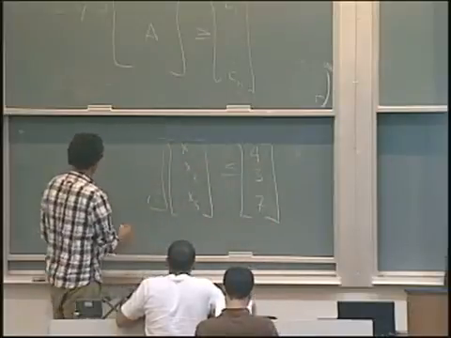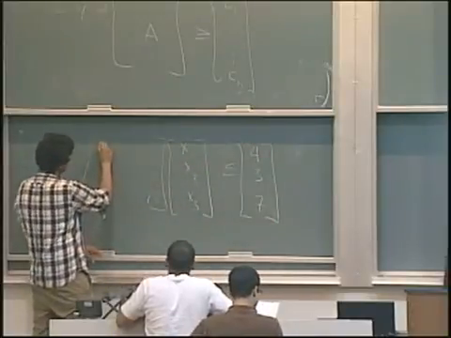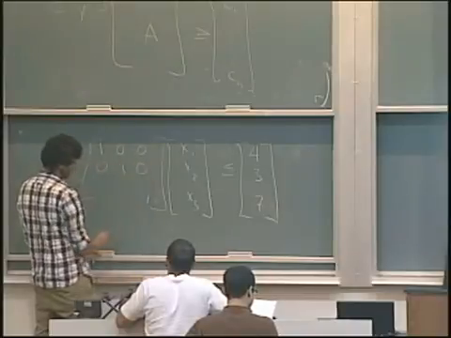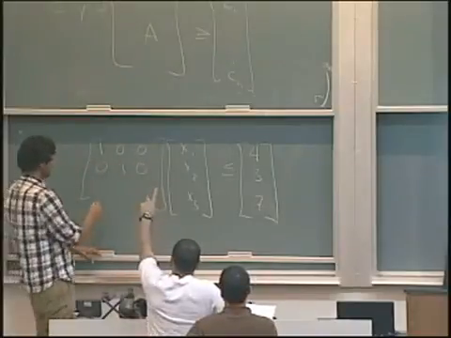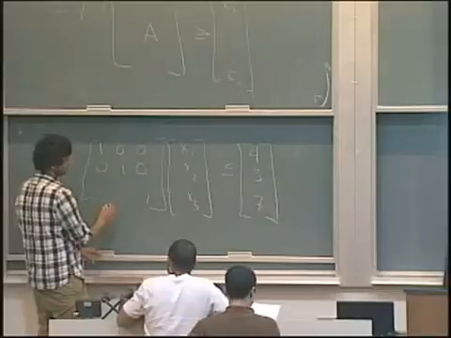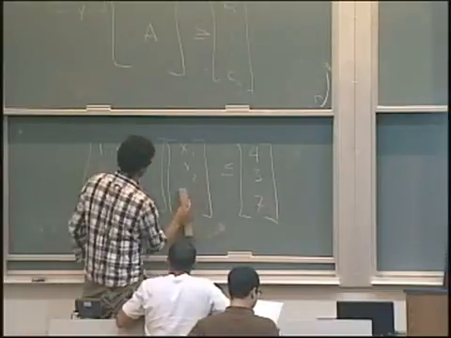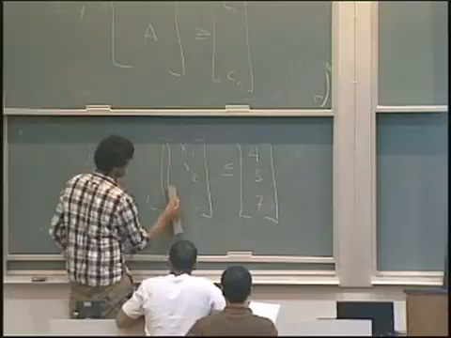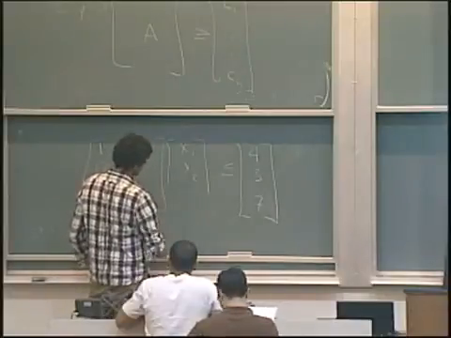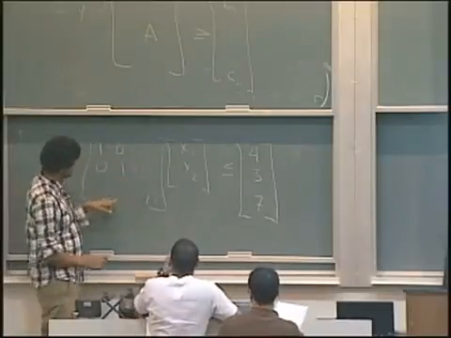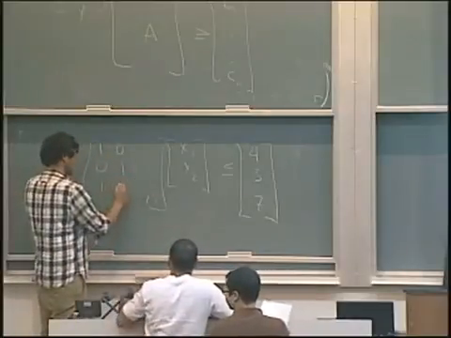And the equations were 1, 0, 0. If you're doing max in your primal, you're doing min in your dual. And if you're doing min in your primal, then max is your dual.